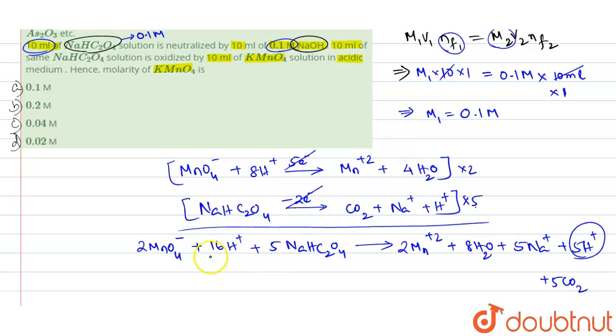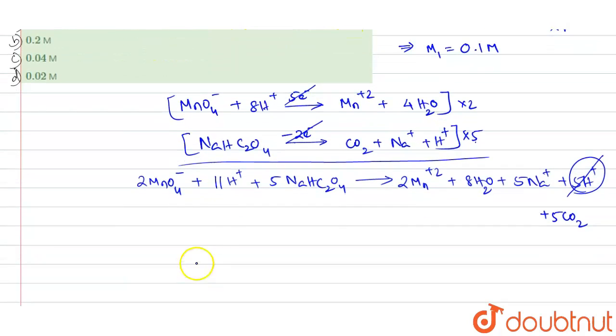Now we are having H plus on both sides, so we can cancel 5H plus and make it 11H plus. So now we have our final reaction, that is 2 moles of MnO4 reacts with 5 moles of NaHC2O4. So we can also write that 2 equivalents of MnO4 minus react with 5 equivalents of NaHC2O4.